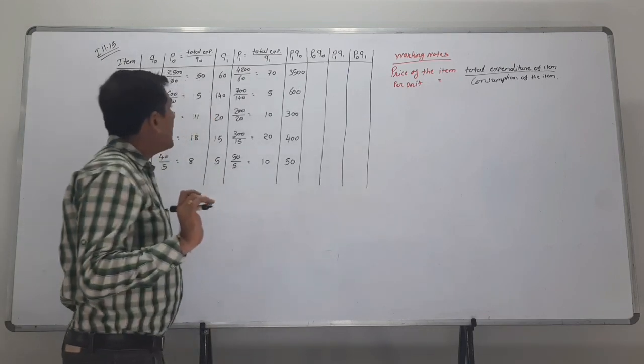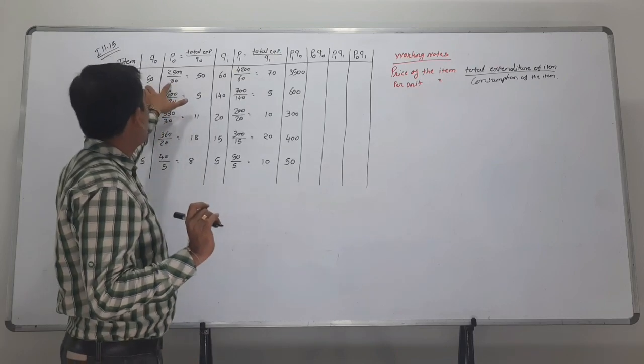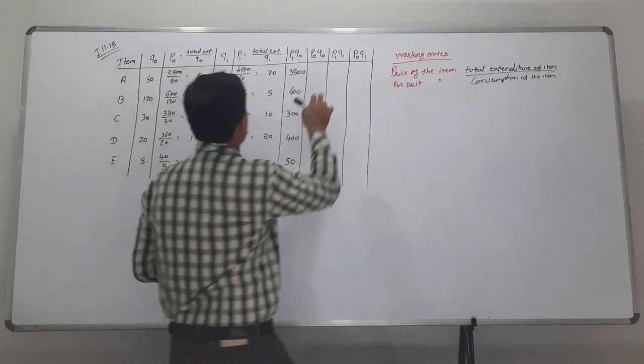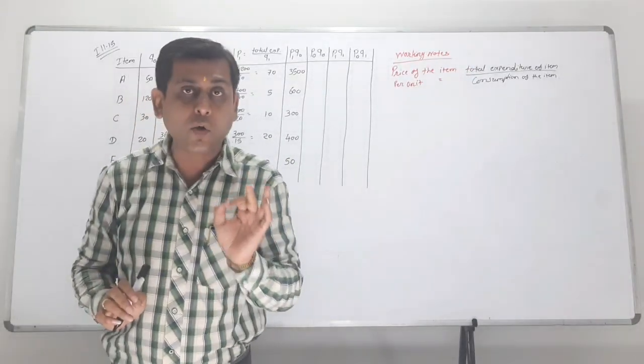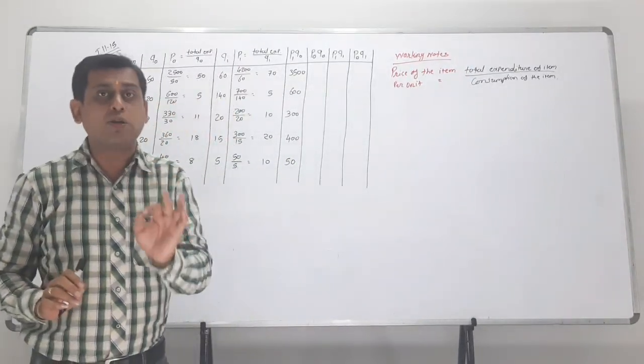Now see the easiest way. The multiplication of P0 Q0 and the multiplication of P1 Q1 are already given in the question. This is the shortcut.